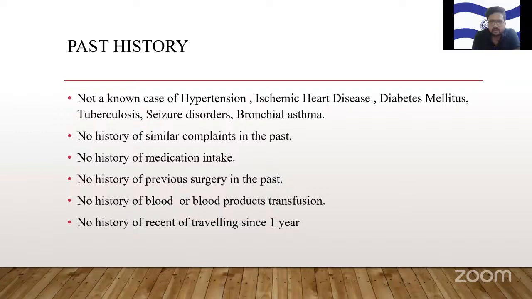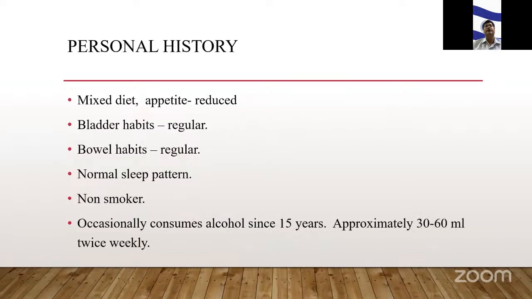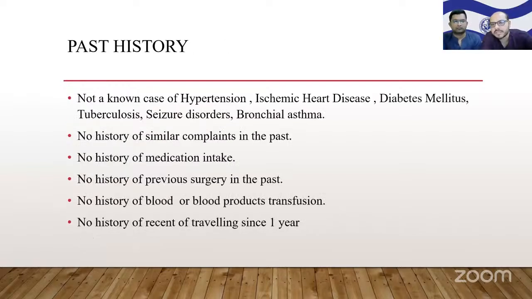Next slide. What is the significance of this blood transfusion? Sir, sometimes there might be transfusion of incompatible blood. At that time hemolysis may occur and it can point towards jaundice. Yeah, that is there.